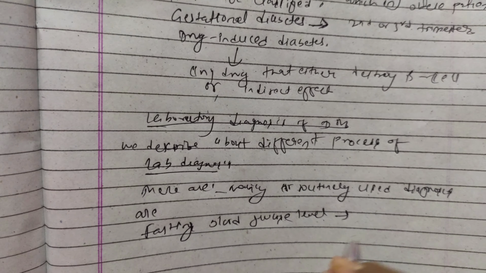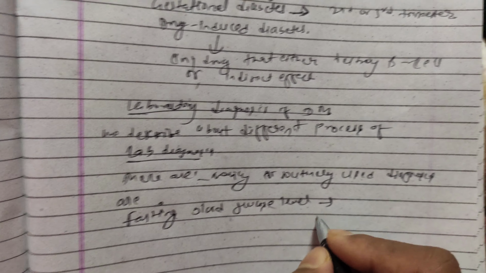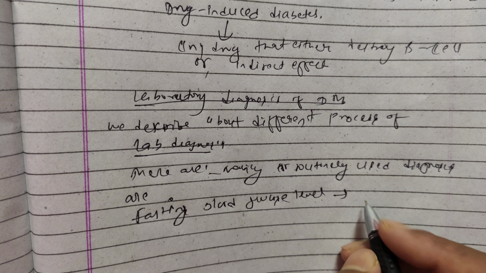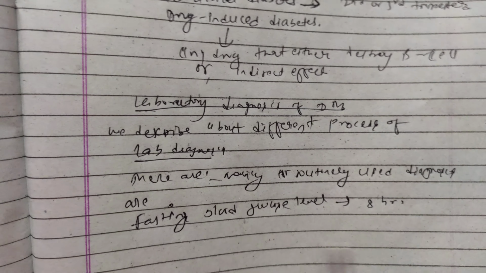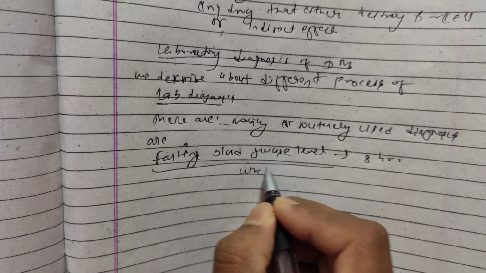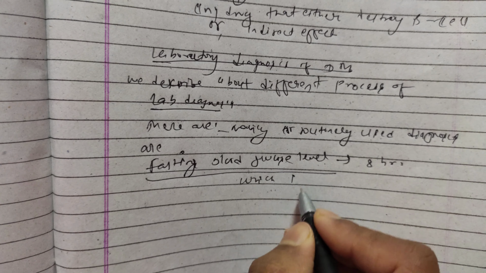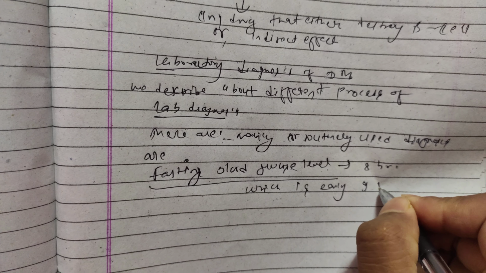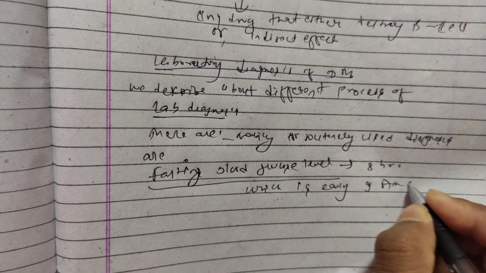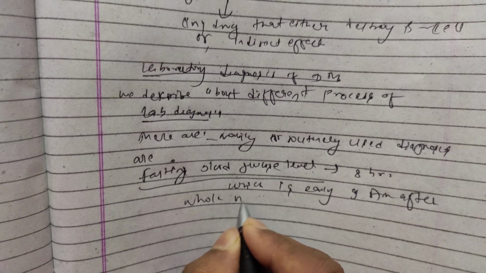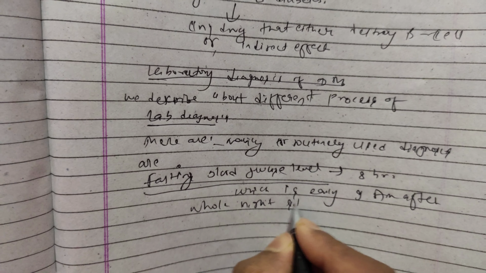It means that the individual should not have taken food for at least 8 hours. That is called fasting blood glucose level, and it is measured in the early morning, around 9 a.m., after whole night starvation.